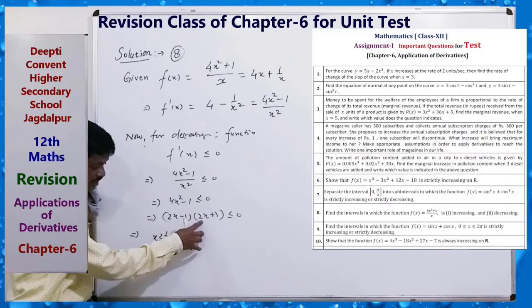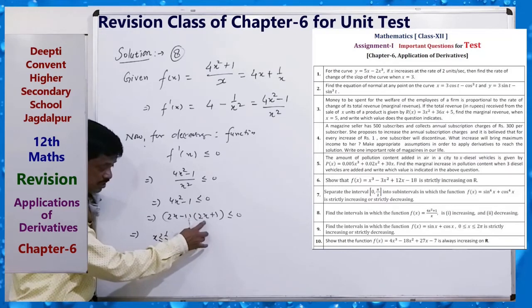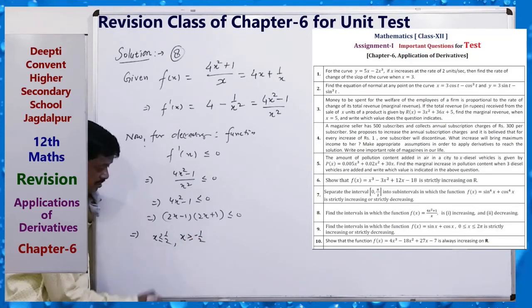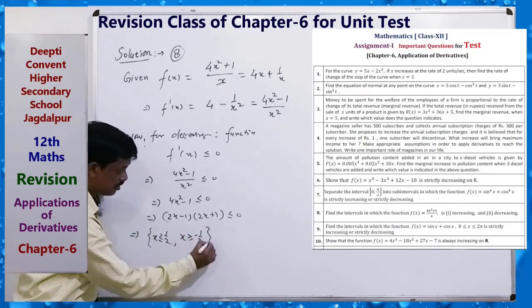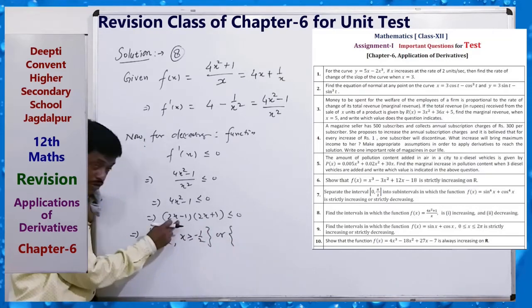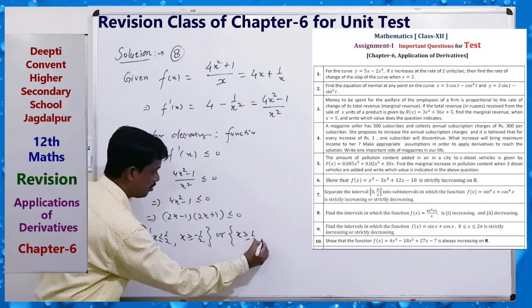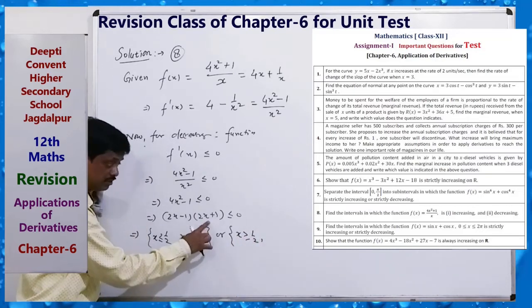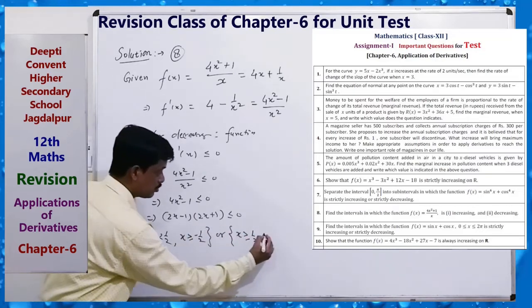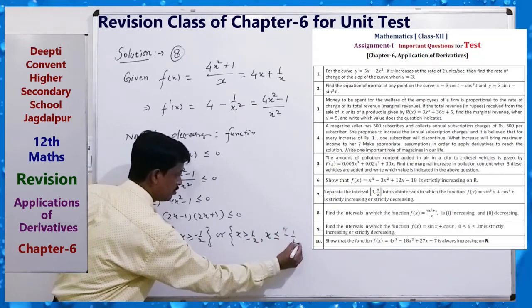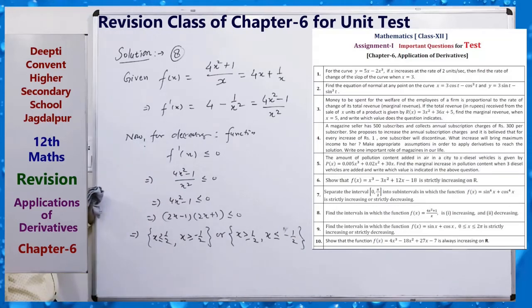And this is positive, so greater than or equal to 0, which means x is greater than or equal to minus half. Or this is positive, greater than or equal to 0, so x is greater than or equal to half, and this is negative, less than or equal to 0, so x is less than or equal to minus half.